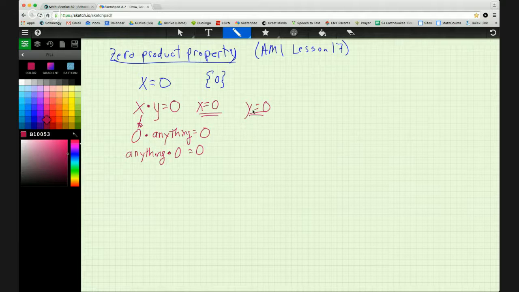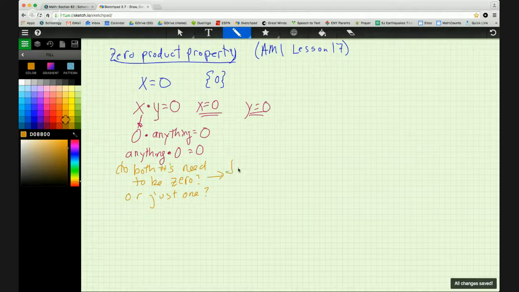Let me ask the question. Do both numbers need to be 0, or just one? And the answer is, you can pause and think about it, just one needs to be 0.